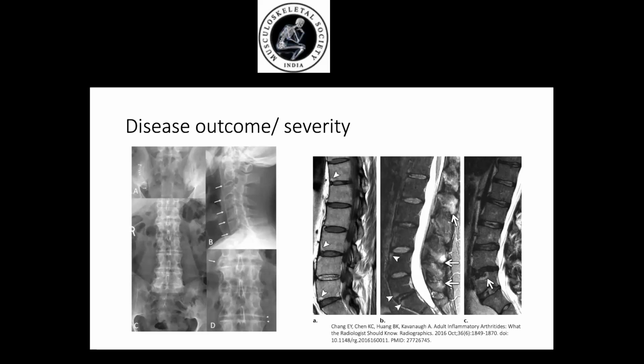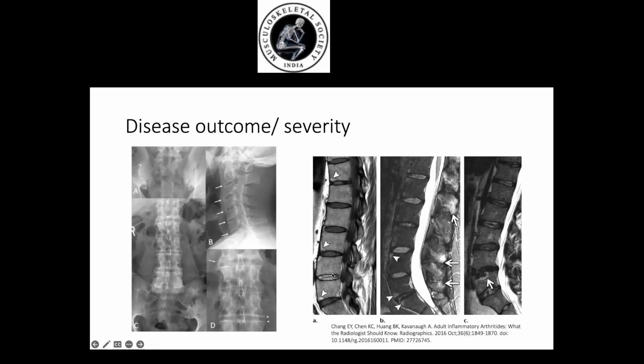For disease outcome or severity in axial spondyloarthropathy, there is no need to image the spine for the purpose of diagnosis. But when we want to find out the severity or the disease outcome, it's helpful to get either radiographs of the spine, in which we can see the syndesmophytes, which indicate the presence of corner inflammatory lesions, or even MRI, which can be very helpful in identifying these corner inflammatory lesions, enthesophytes, or even the discovertebral changes called the Andersson lesion.